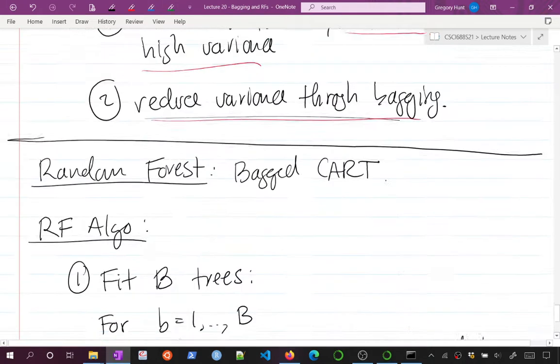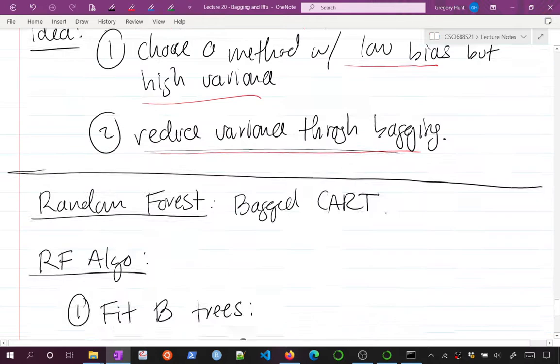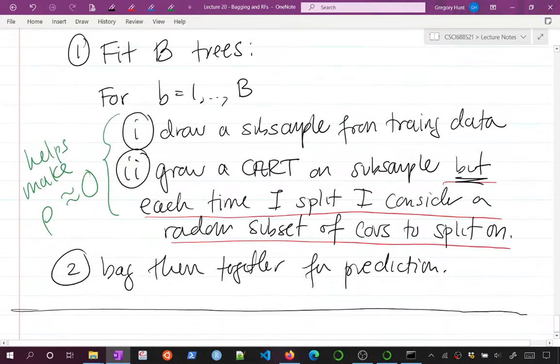And therefore, we're going to get this reduction in variance here that we want. So by randomly not only taking a subsample, but by adding this randomization step in, it decorrelates the trees. And so it helps them be uncorrelated with each other. And that doesn't hurt the bias. The bias is unchanged, but it helps decorrelate it and so help drive that variance down.